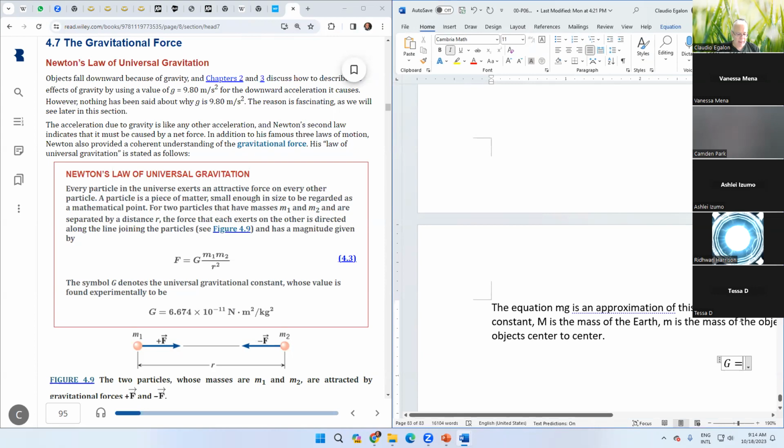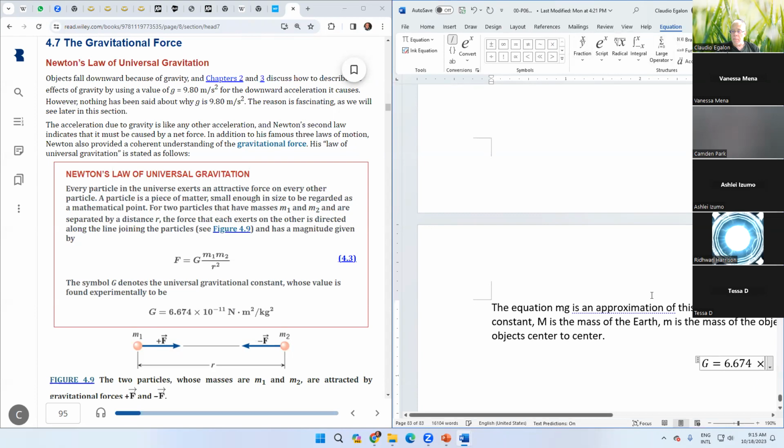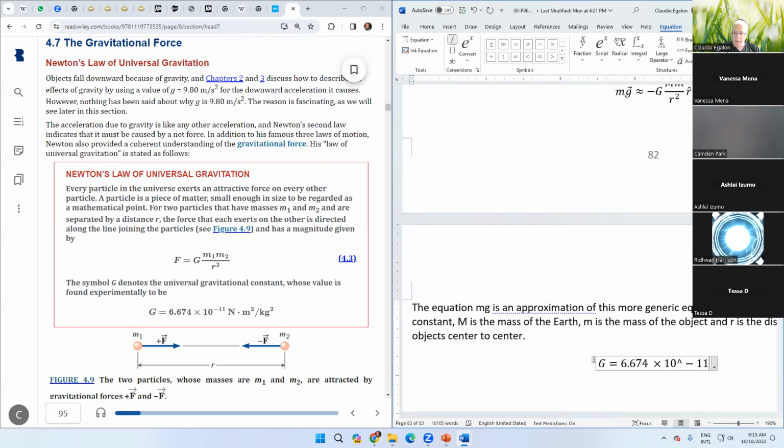I never memorized that, so I don't expect you to memorize it either. Okay, but we can always refer to the internet, okay? Newton meter squared per kilogram squared.